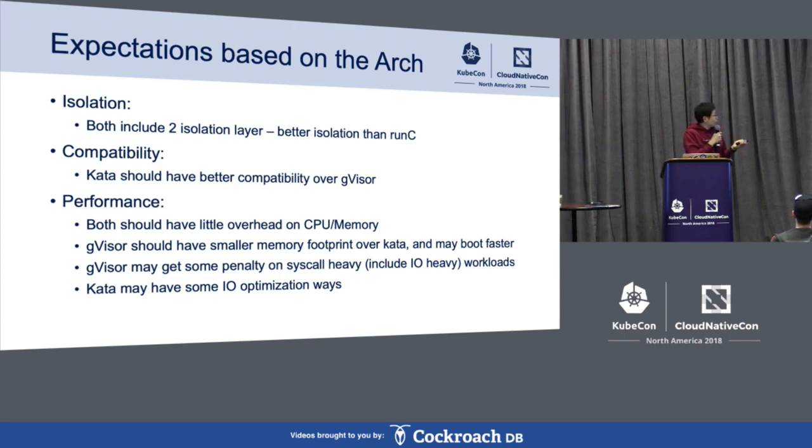So gVisor should have a smaller memory footprint, and because it's smaller, maybe it boots faster. But gVisor may get some performance penalty on Syscall-heavy workloads, such as I/O or maybe other things, and many logs may lead to some drawback on the performance. And Kata really has some I/O optimization ways.